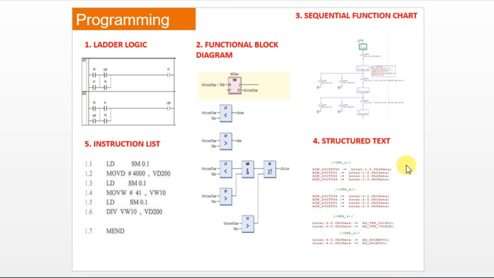So there are 5 ways to write the PLC program. Which way is convenient for you? You can choose according to your requirement. In this course, we are going to see ladder logic. So let's see the basics of ladder logic.